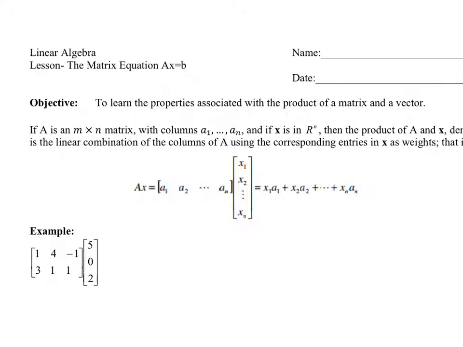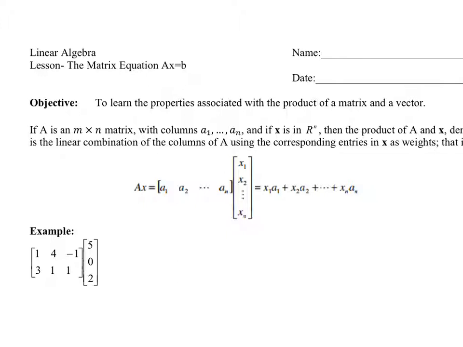I mean, it's based off of this idea. AX equals a sub 1, a sub 2, all the way up to a sub n, and then multiplied by x sub 1, x sub 2, all the way up to x sub n. It's going to give you this linear combinations kind of tying together. It's kind of funny how that works. So if you have a single row of a matrix multiplied by a column vector, you're just taking the first entry in your row and multiplying it by the first entry in your column, taking note of what that gives.